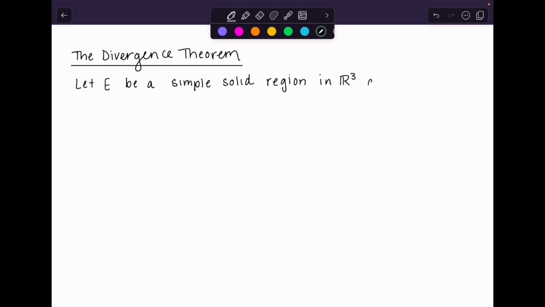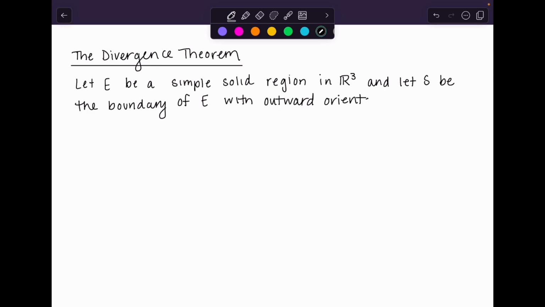And we're going to let S be the boundary of this region E, with outward orientation. So remember how Green's theorem had to be counterclockwise orientation. Here, again, you have two orientations. You have out and you have in. So if it's inward orientation, you would just negate the whole thing.